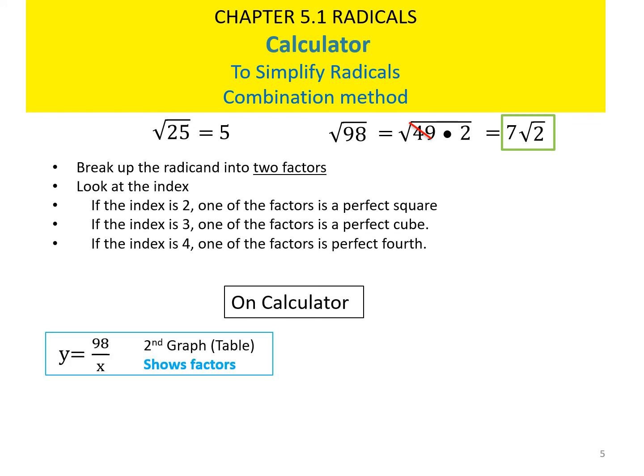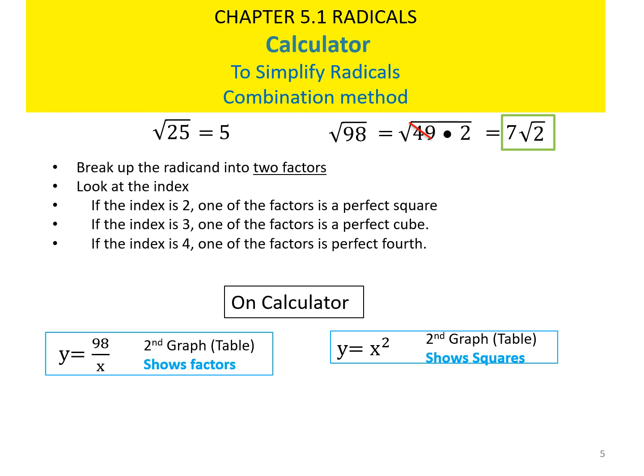So let's look at the calculator method. The first thing you do is go to the y equals, and you're going to enter 98 divided by x. Now this is going to show you every single factor of 98. We had discussed this before. Now you're going to scroll down to the next y equals line, and you're going to enter x squared.